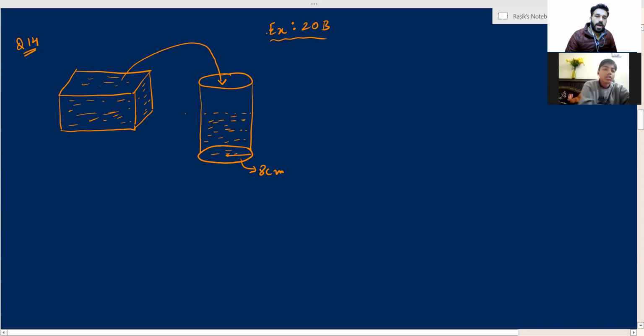You have to find the height till which the water will be filled into the cylindrical vessel. Okay, we have to find this height. The dimensions of the rectangular vessel are given. Length 22, breadth 16 and height 14.